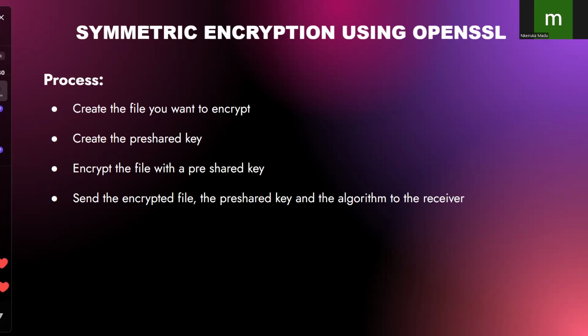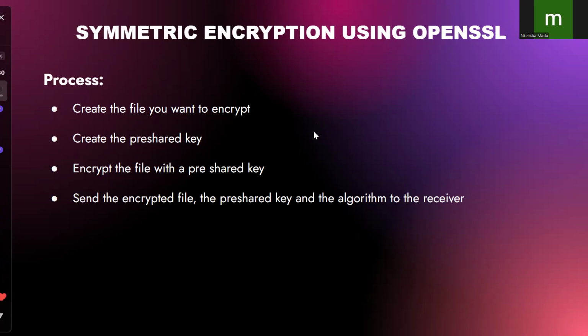And then you encrypt the file with the pre-shared key that you generated. Once you encrypt it, you can now send the encrypted file, the pre-shared key, and the algorithm to the receiver so that they will be able to decrypt the message. So we'll go through these processes right here.